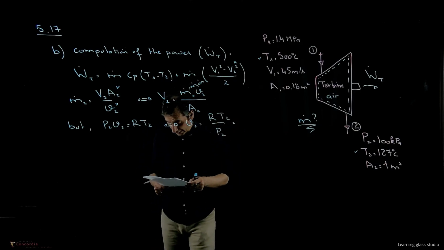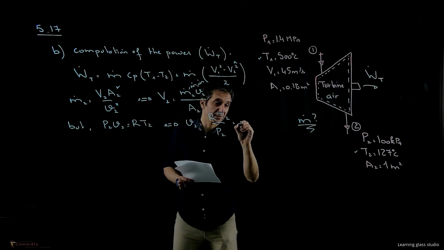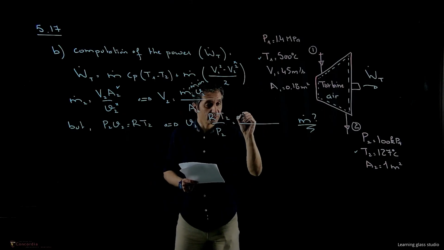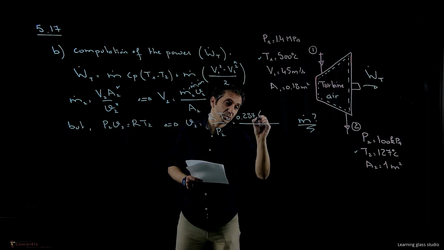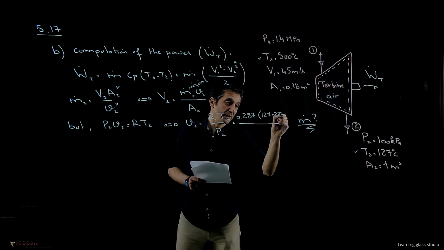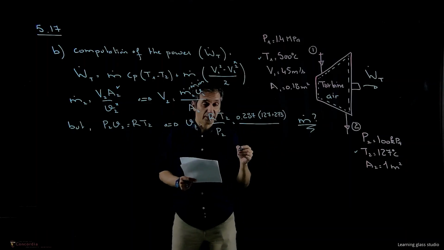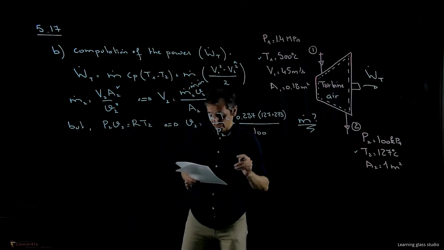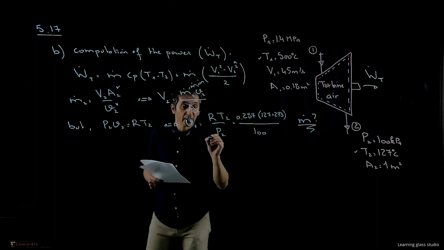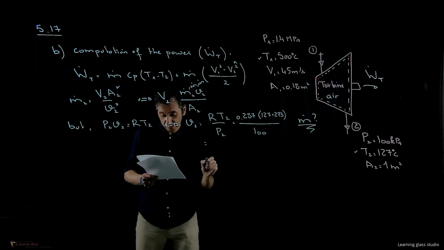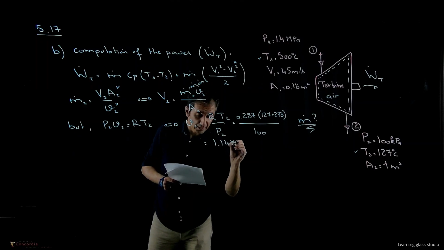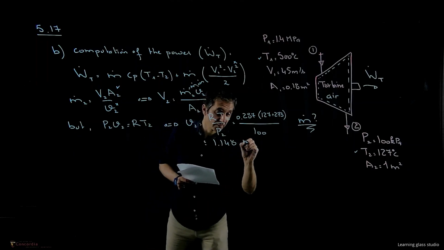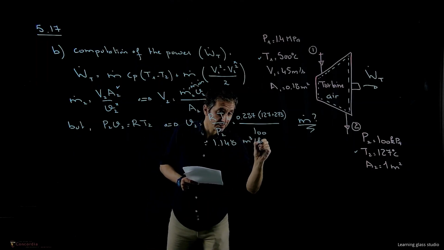And this is equal to our gas constant, 0.287, times T2, 127 plus 273, always in Kelvin, divided by P2, which is 100 kilopascals. And v2 will be equal to 1.148 cubic meters per kilogram.